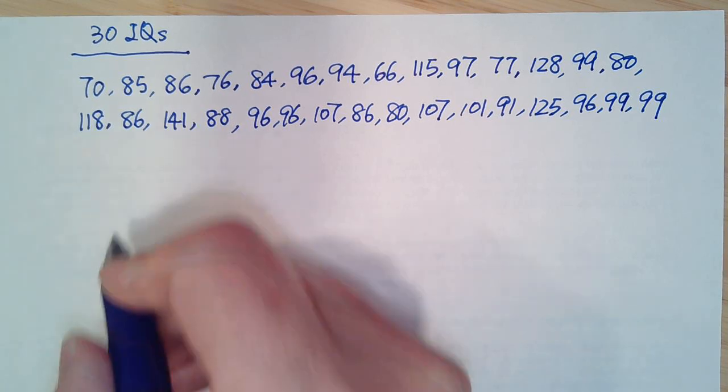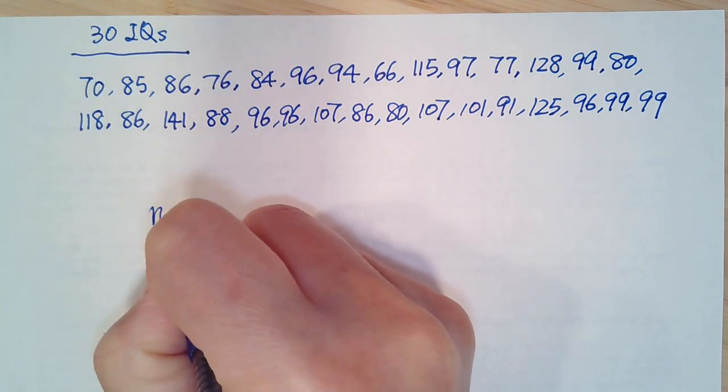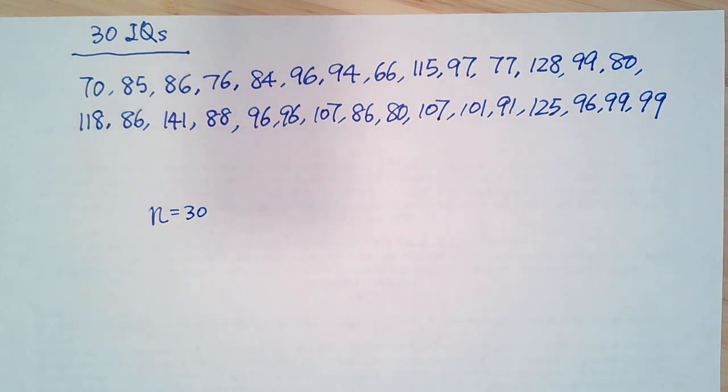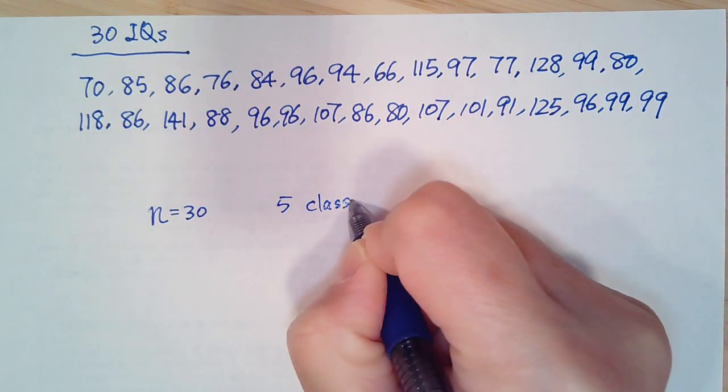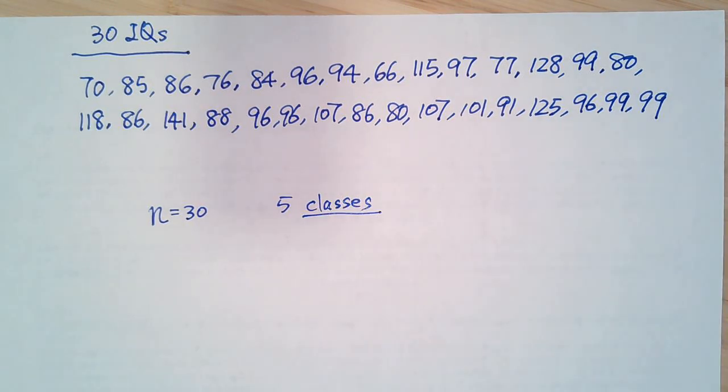In this case, I know n equals 30. It's really not a big number, so maybe I want 5 classes. That's my goal, but it might change. I hope to have 5 classes.